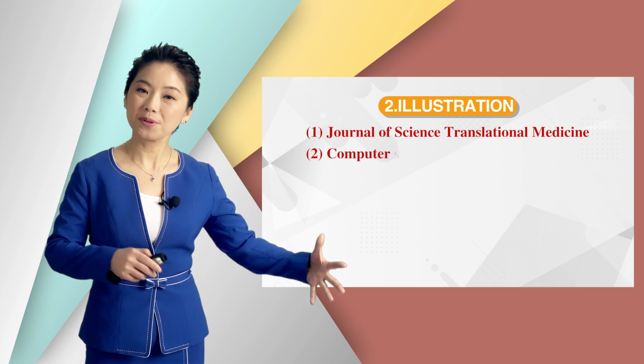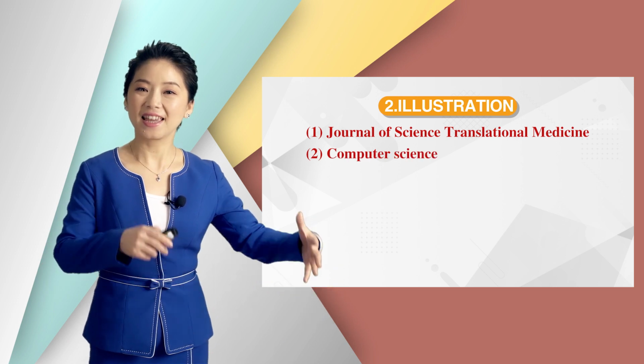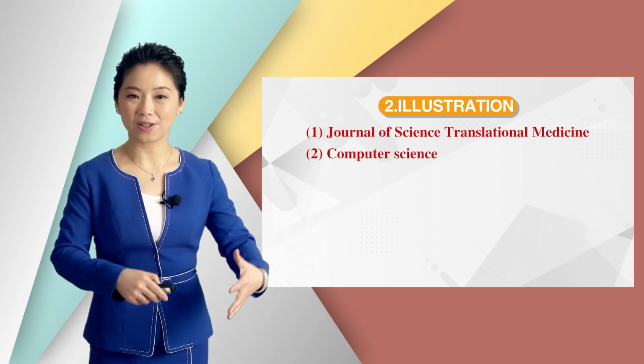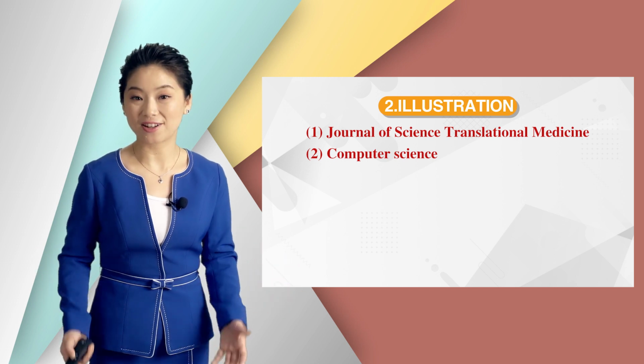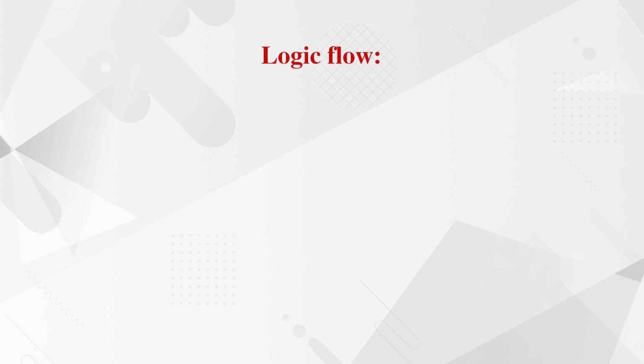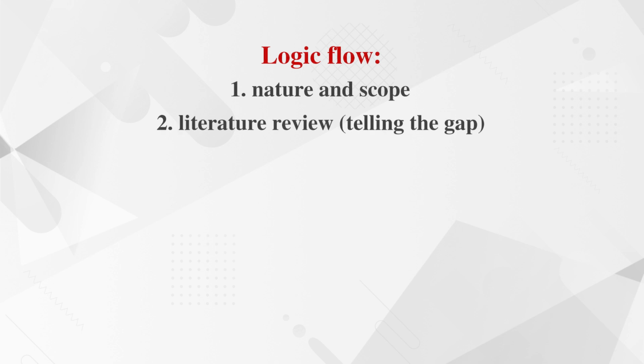In computer science, the introduction of articles usually applies the following structure. First, nature and scope. Second, literature review, telling the gap.